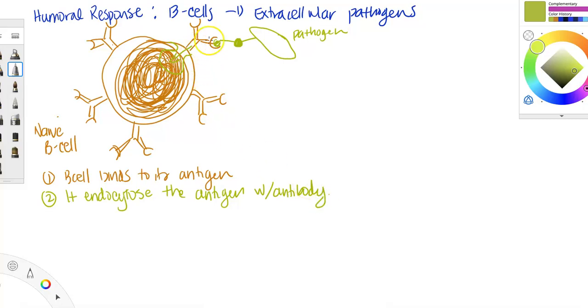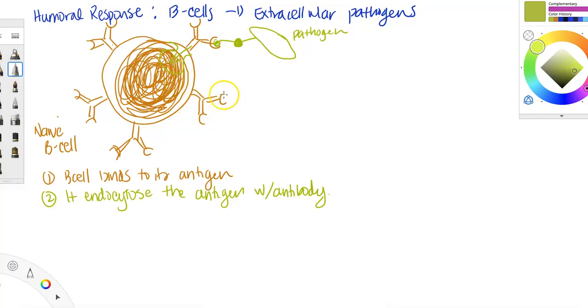So it brings the whole complex inside the cell. Okay, then it puts it in a vesicle, it sort of digests it, and it breaks the whole thing down into its protein parts.